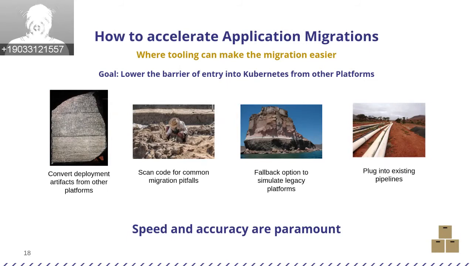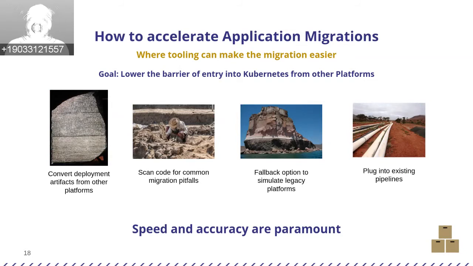And then the last thing is that all of these tools, or at least several of them, need to plug into the existing pipelines. Anything that we can do to make it easier for the application teams to take advantage of these tools is a key feature. Really what this boils down to is that speed and accuracy are paramount.